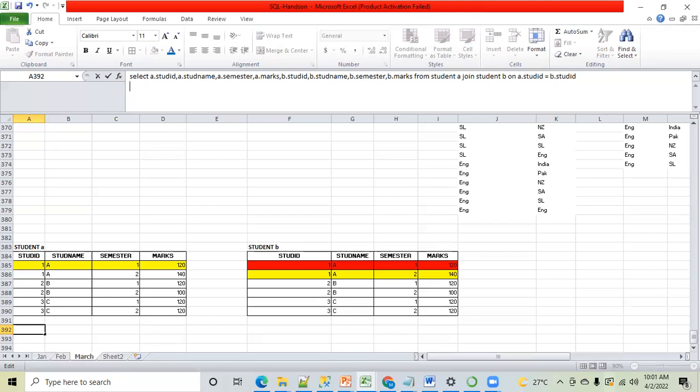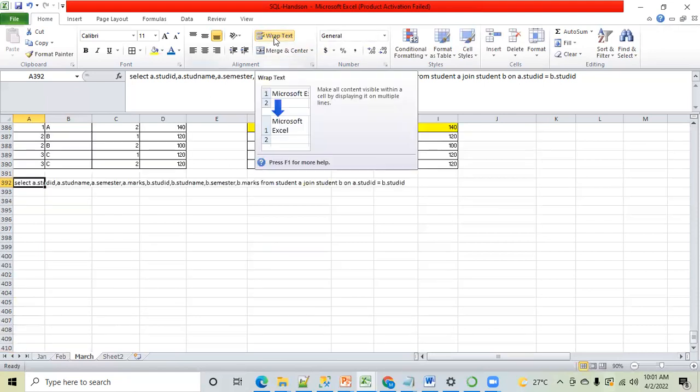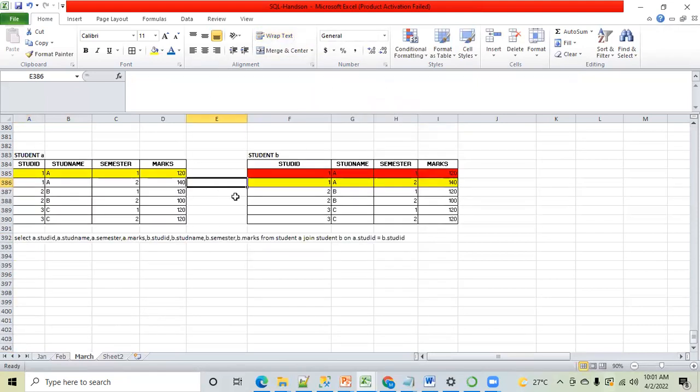Okay, good. You all have thought perfectly. Very simple. See, from the student B table, which semester records will you pick? First of all, answer this question. Second one. Very good. From the student B table, you will pick only semester 2 records.